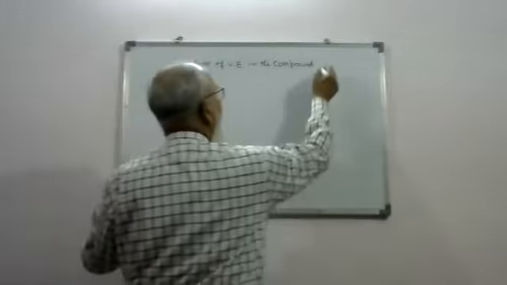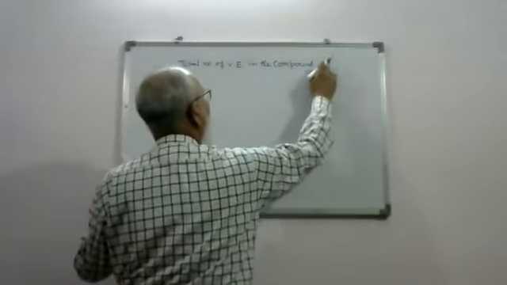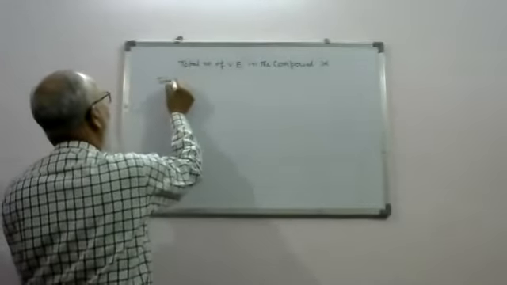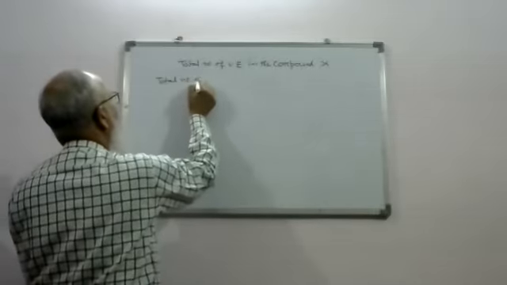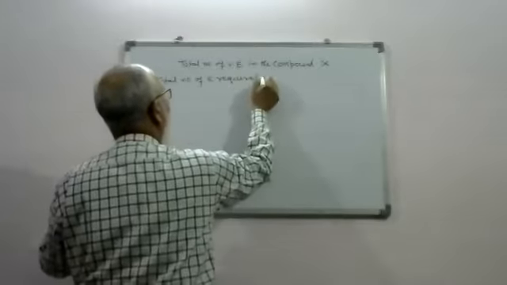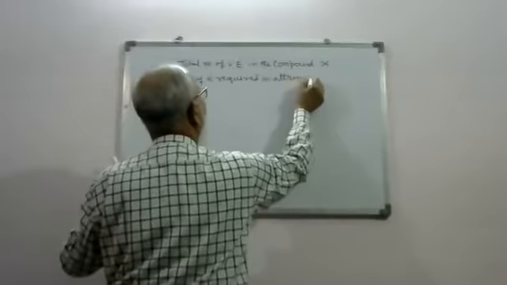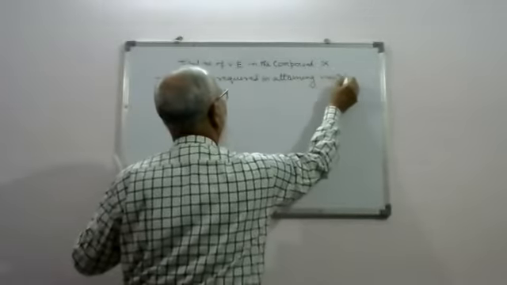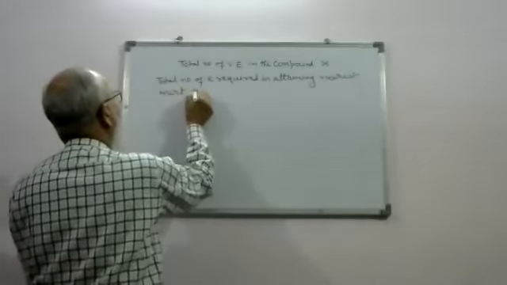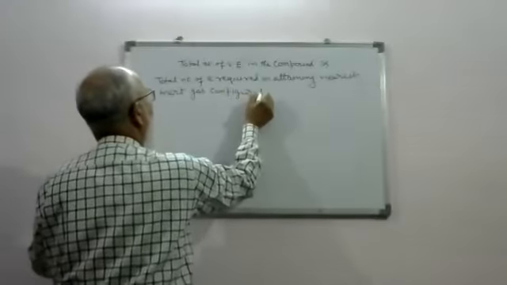Suppose it is X. Then we calculate the total number of electrons required in attaining the nearest inert gas configuration. Suppose it is Y.